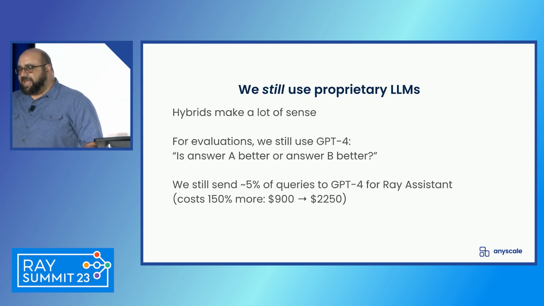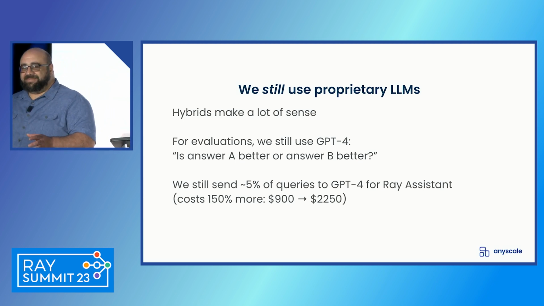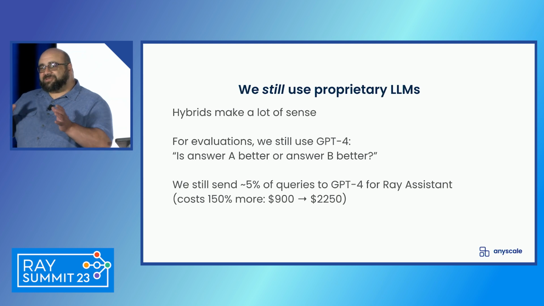Now you might ask, how do you decide which queries go to GPT-4, and which queries go to Llama 270B? And the answer is, we use an LLM. It's always going to be the answer, right? So it's a very carefully fine-tuned LLM that decides which model should go to which.